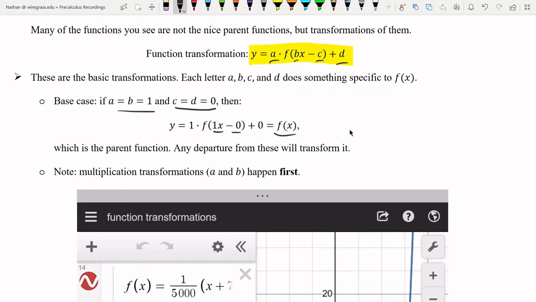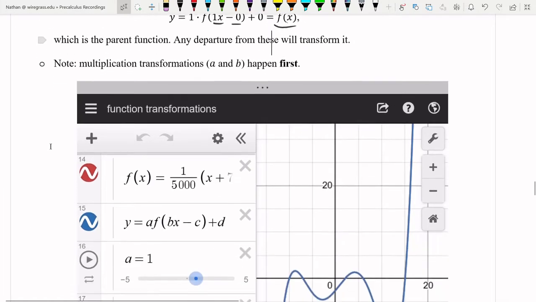These are like the baseline things where no transformation has been done. But anything changed from these baseline measurements will transform the function. It's important to note, just like in order of operations, multiplication transformations, so a and b, will happen first, and then you're going to do what c and d do to it.